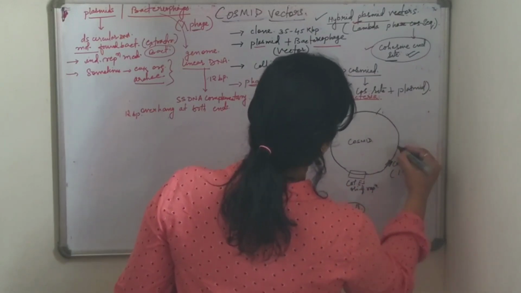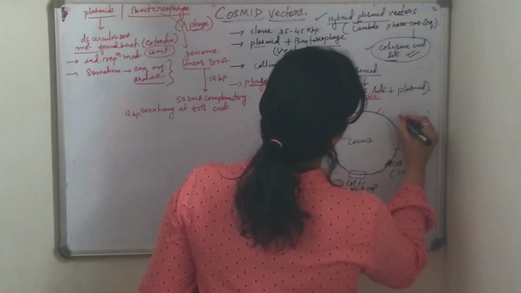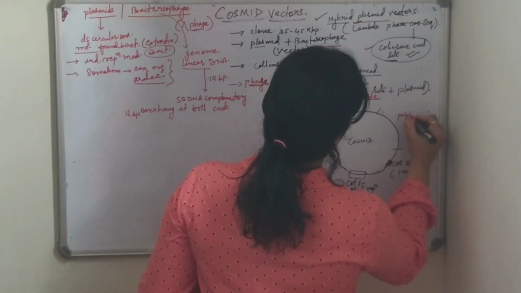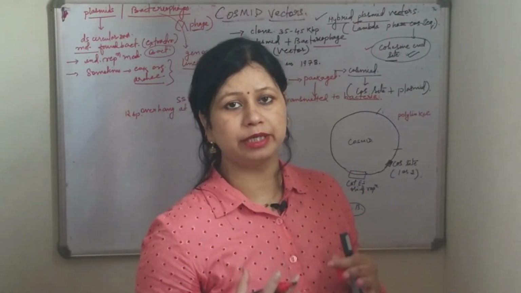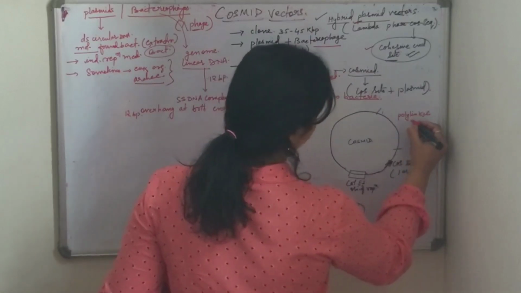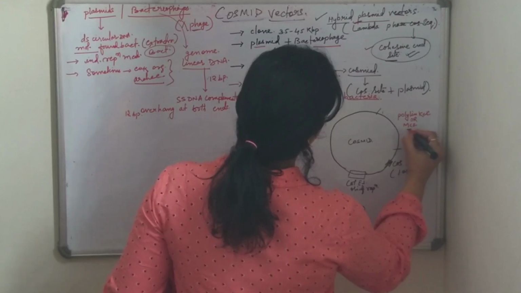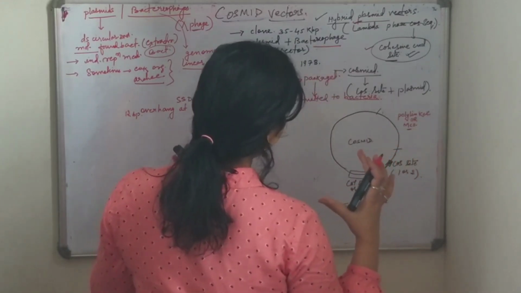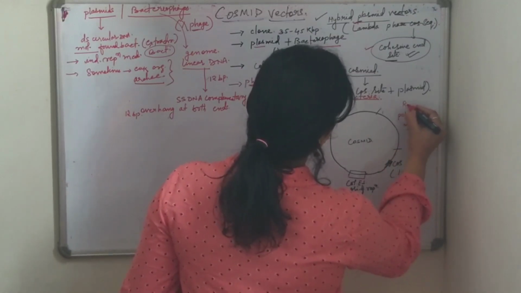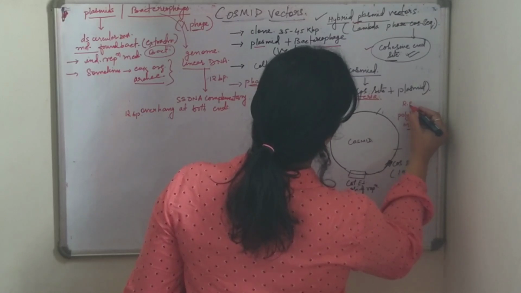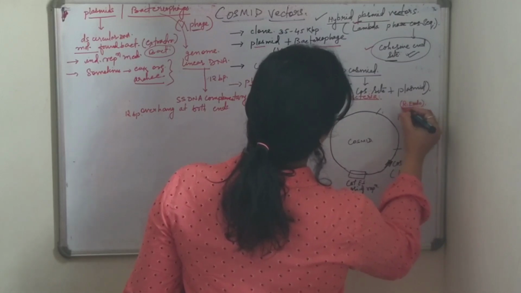This is the polylinker site, also known as the multiple cloning site. These are DNA sequences with several recognition sites for restriction endonuclease enzymes.